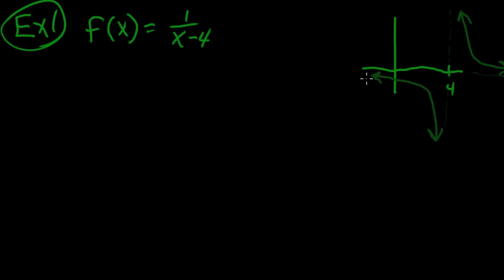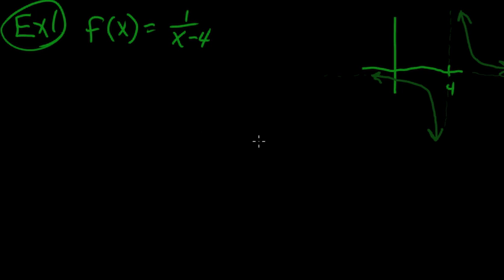So this x negative line right here, this part of it, will get closer and closer to the y equals 0 place. It'll get closer and closer to here without actually touching. And this one right here will get closer and closer to x equals 4 without ever actually touching it. So this is a vertical asymptote.